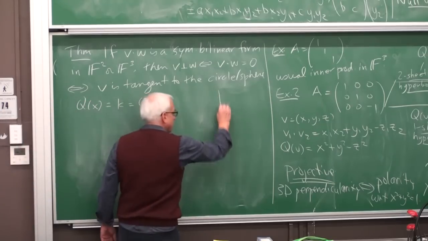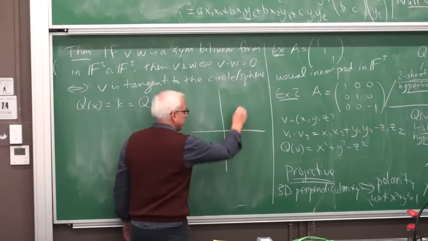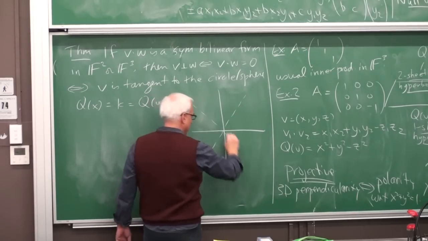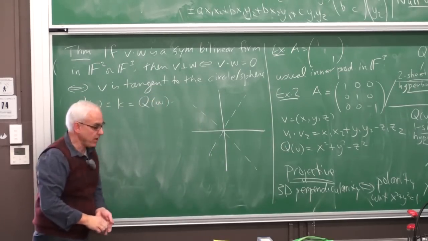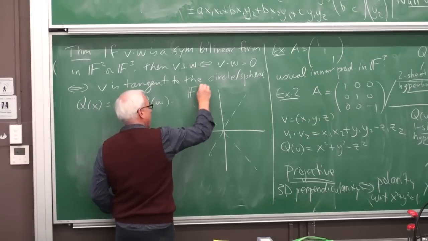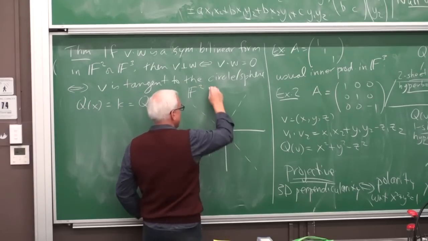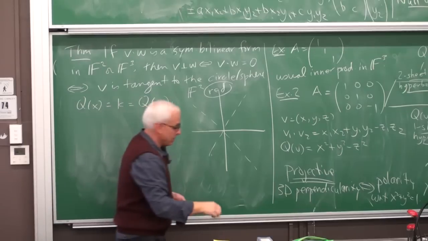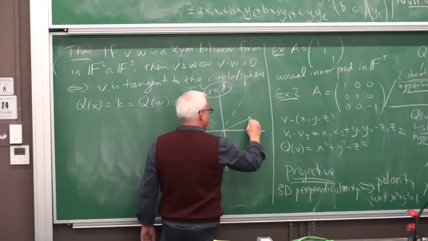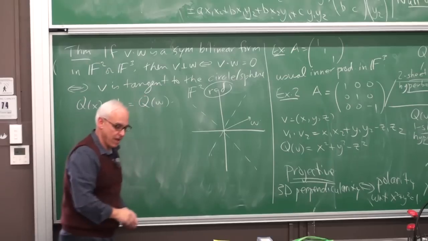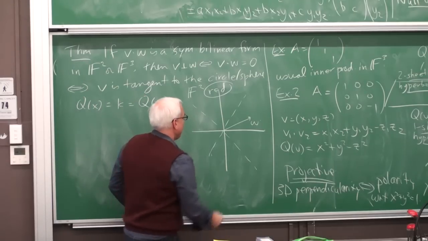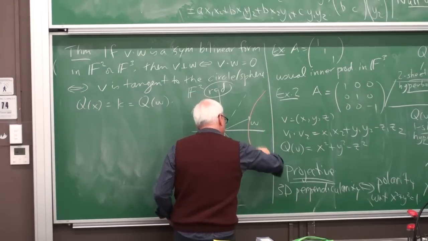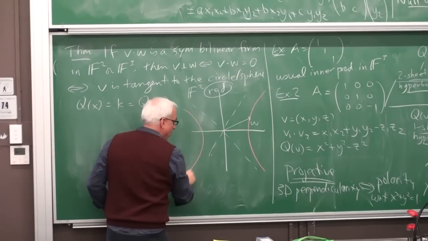Let me illustrate it in the case of the red geometry. So if we have, here's our plane, we're talking about the red geometry. If we have some vector W, and we look at the circle determined by its quadrants.